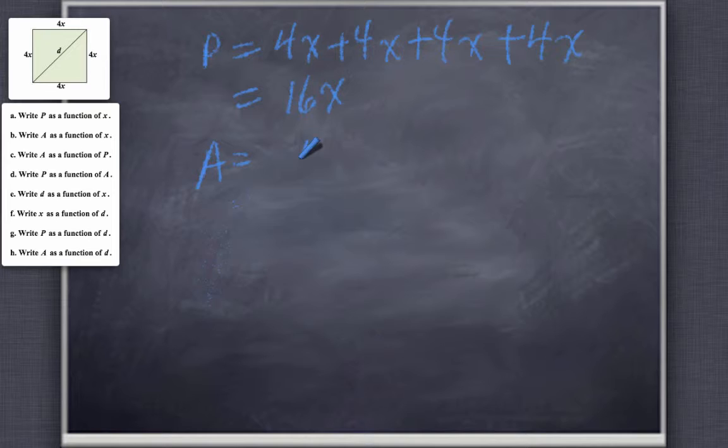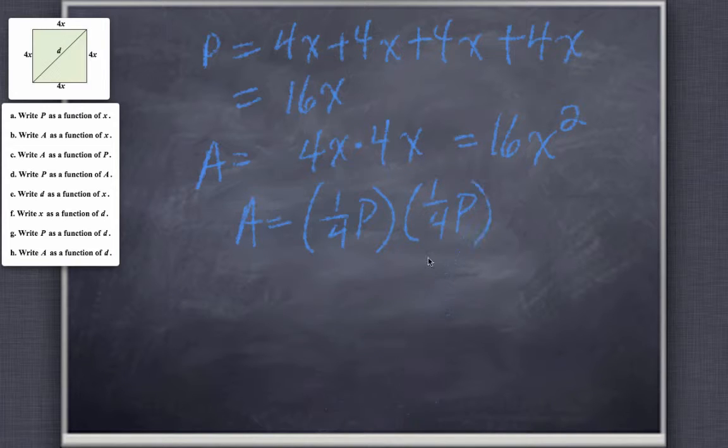Area is length times width. Area as a function of p is a side is 1/4 of p. So it's 1/16 of p squared.